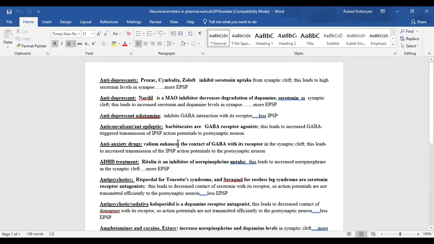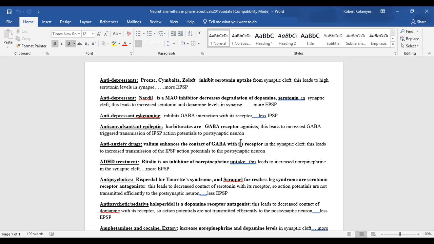And you can look at the rest of these examples here. Time and time again, our pharmaceutical industry reaches for drugs that influence neurotransmitter level in our central nervous system.